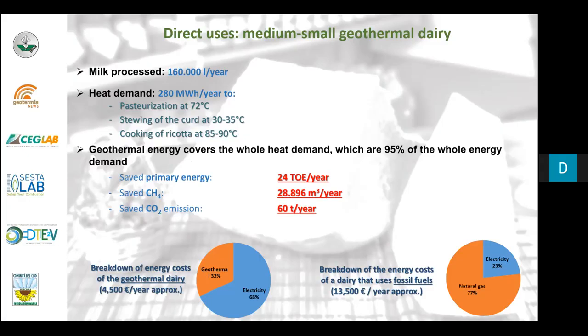So this dairy, with the geothermal energy, can achieve economic savings, cost savings, because as you can see here, the geothermal energy can allow to save about 2/3 of costs compared to a traditional dairy that uses natural gas for heating purposes.